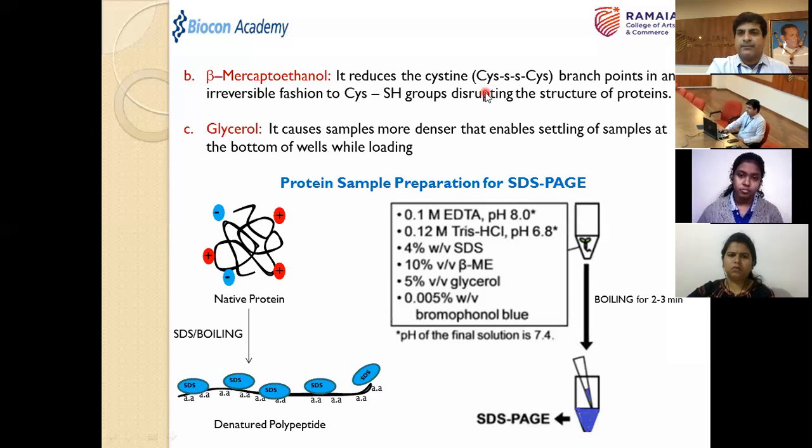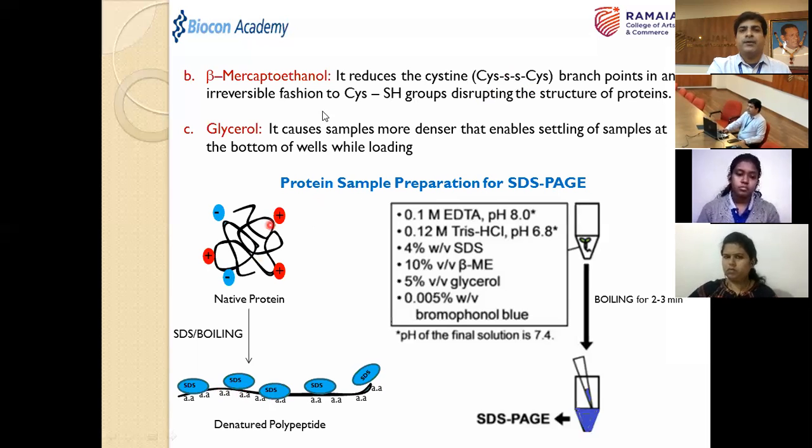interdisulfide bridges, mainly cysteine. Likewise, even intra-chain bridges are there for a particular shape or conformation of the protein. This conformation is very important for the native structure of the protein, where you see the activity. So now you need to denature, meaning you need to cleave these disulfides so that it will become a long thread, the primary structure, that is the peptide.